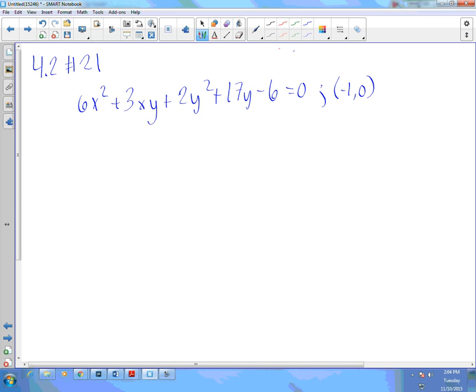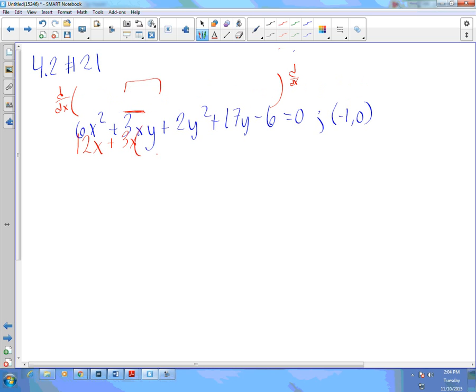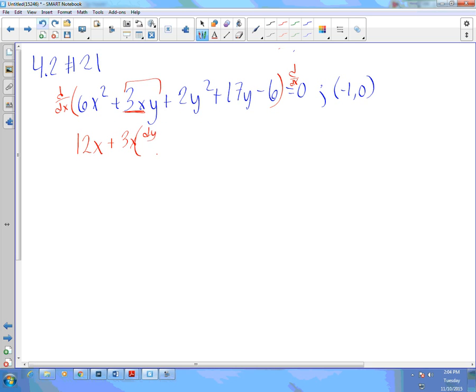So I must differentiate each side with respect to x. This derivative is 12x. Ooh, product rule. First, you can pop out the 3 if you want. Let me take the first as 3x. First times derivative of the last, which is dy dx, plus last, which is y, times derivative of the first, 3.